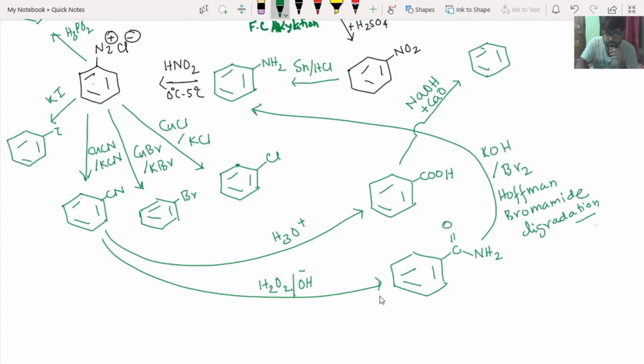Now we have this carboxylic acid, that is benzoic acid. This benzoic acid we can convert into benzoyl chloride, COCl, by simply using SOCl2.